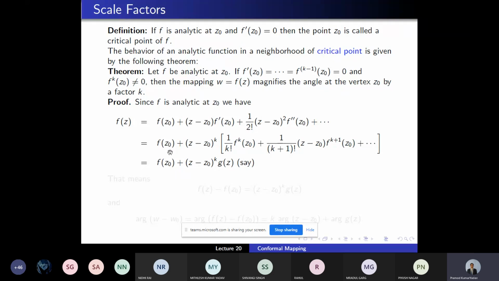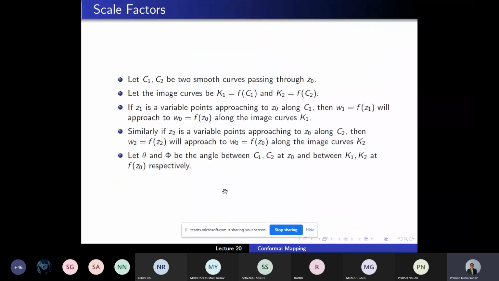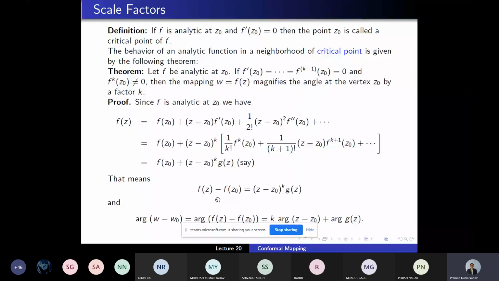The first term is f z naught, and the rest is z minus z naught to the power k times the bracket: 1 upon factorial k times the kth derivative at z naught, plus 1 upon (k plus 1) factorial, and so on. The whole bracket can be written in terms of g z. So f z minus f z naught equals z minus z naught to the power k times g z.